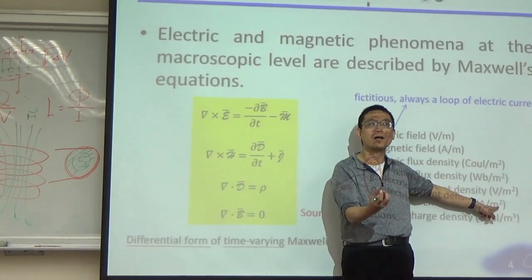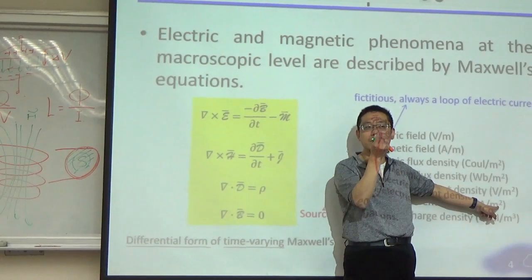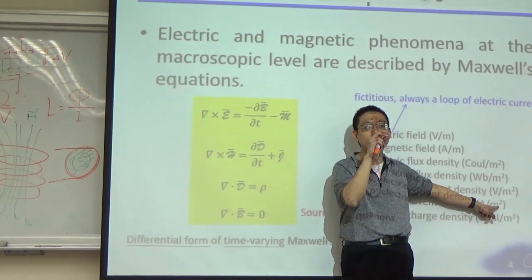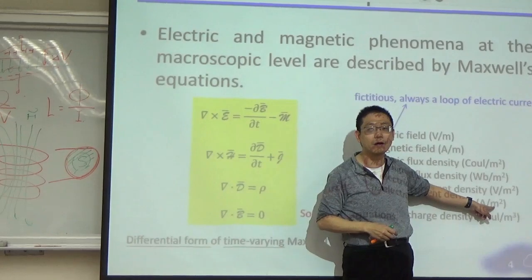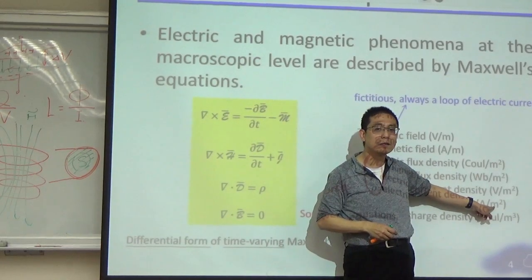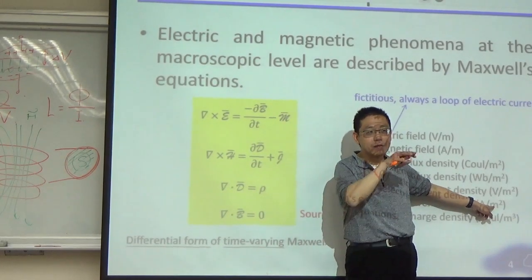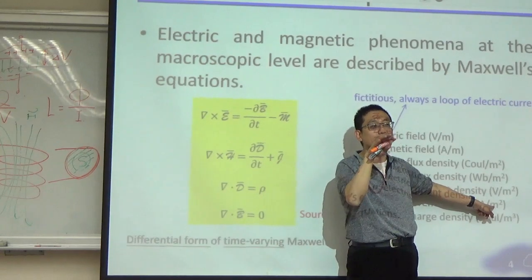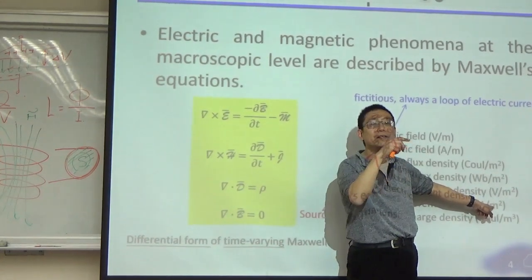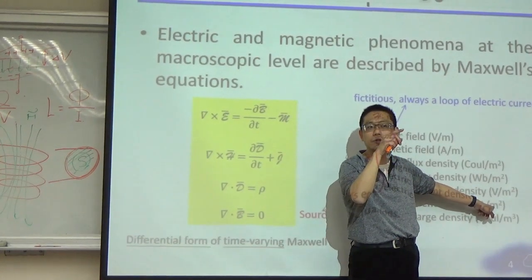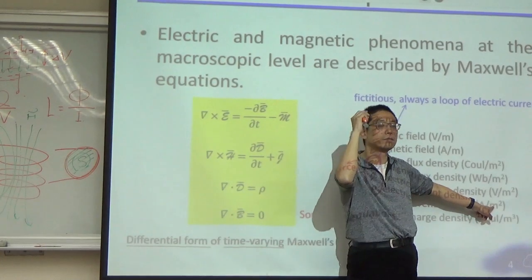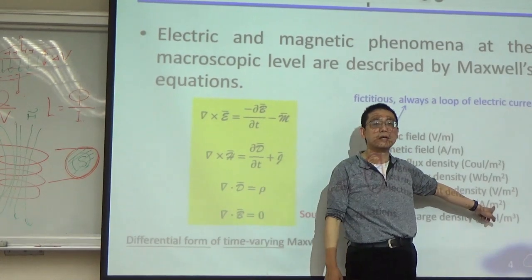Okay? I think maybe I said something wrong. The definition of current is not divided by the area, right? It's just some charge passing through divided by time. That's the definition of current, right? I made a little mistake, but it's okay.